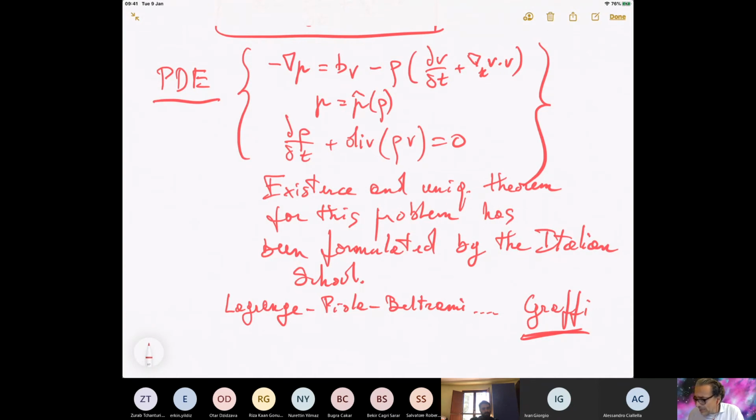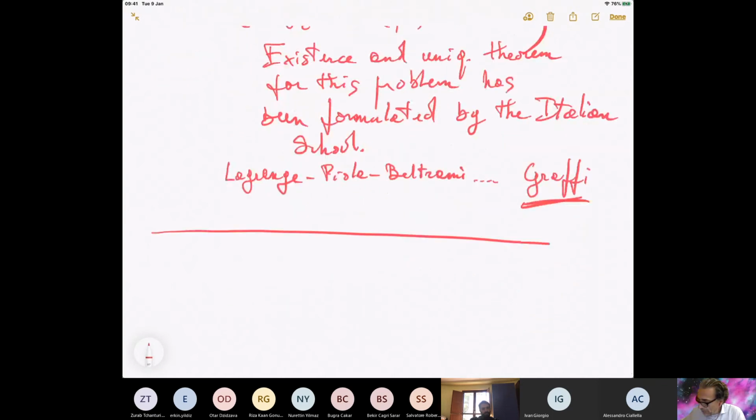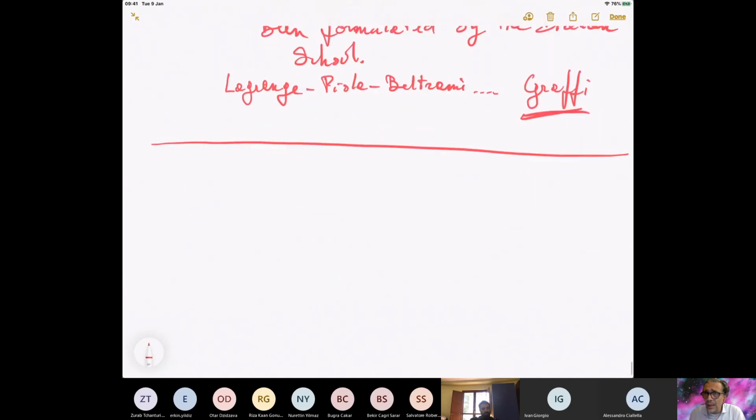So this problem can be the basis of the study of flowing of some fluids. Okay, maybe in the minutes we are left, I can give you an idea of the boundary conditions to be added for having well-posedness.